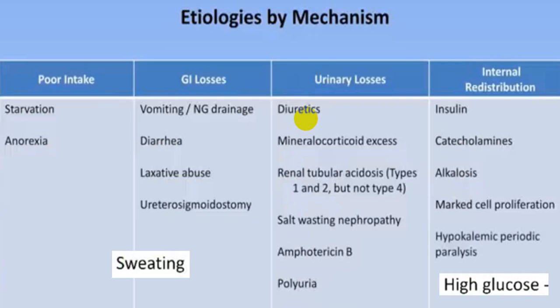As far as redistribution is concerned, where potassium will be shifted inside because of insulin drip, particularly when it is given to a type 2 diabetes mellitus, catecholamines, metabolic alkalosis. If a person has severe cell proliferation and develops excessive leukocytes or excessive thrombocytes.